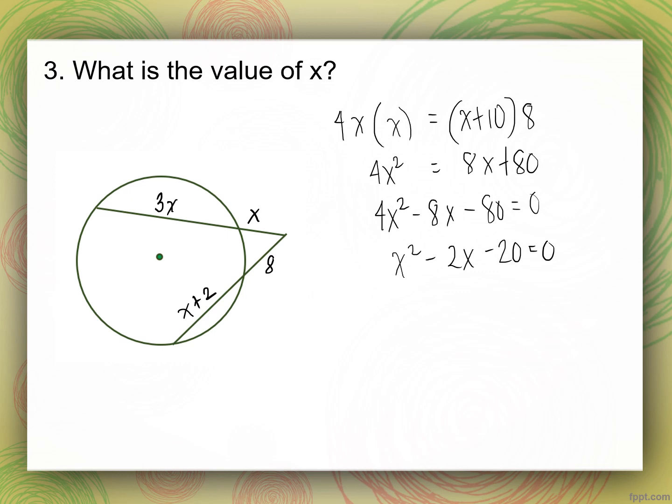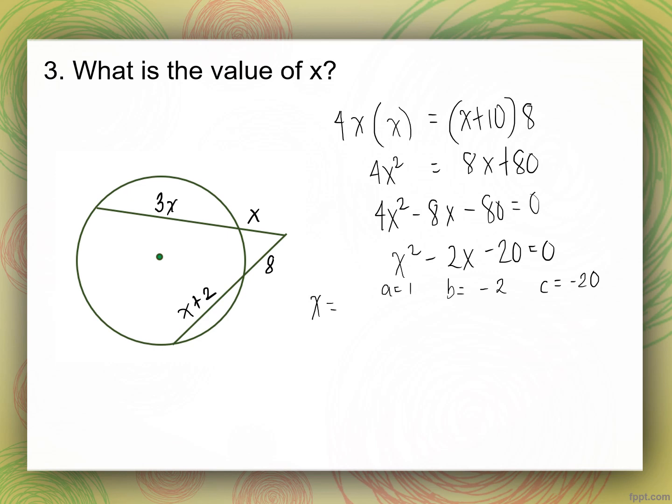We cannot just factor it, so we will use the quadratic formula to solve for the value of x. Let's do that one. We will have x is equal to, so let's write our a is 1, our b is -2, and our c is -20.